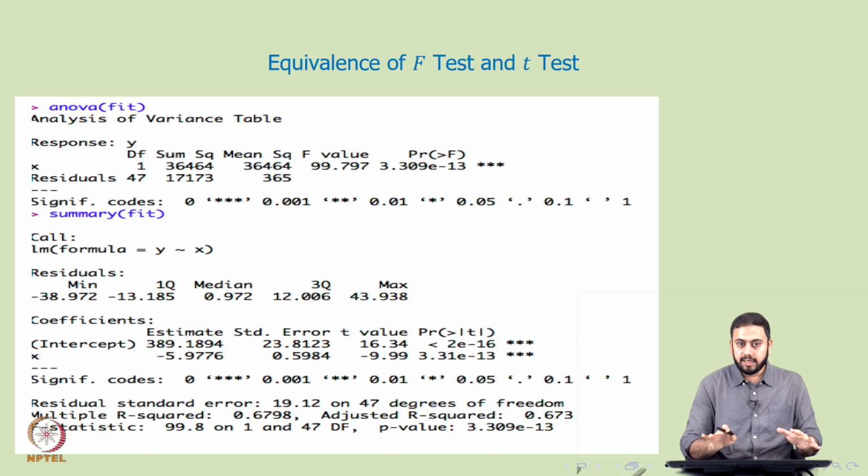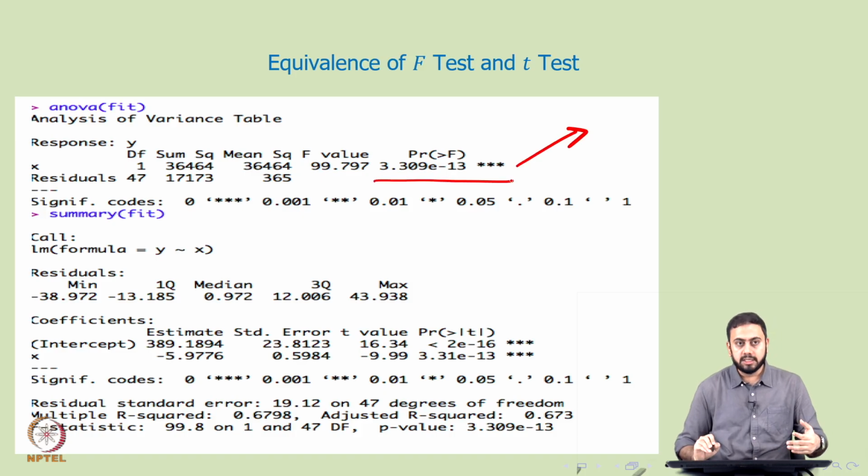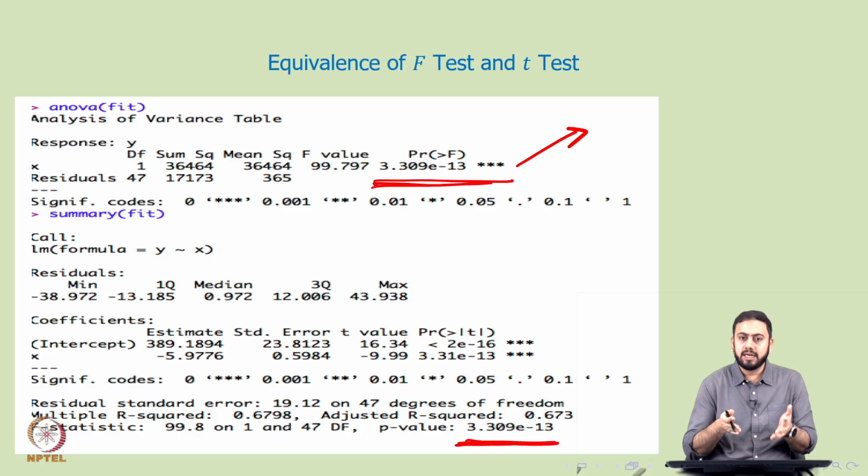So under SLR, I guess it's the same example, skin cancer mortality rate, and this ANOVA table we've seen a few slides back, simply focus on the p values. The top version gives you ANOVA. The bottom version gives you the summary of the fit, which is nothing but the t-test. On one hand you have this p-value, on the other hand you have this p-value from a t-test, and they are exactly identical.